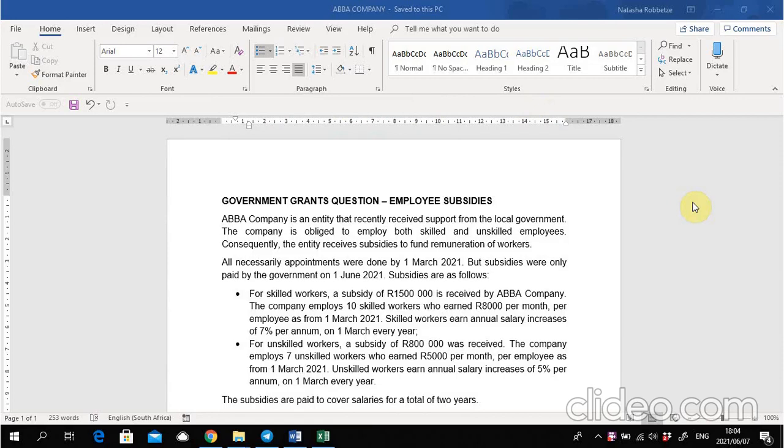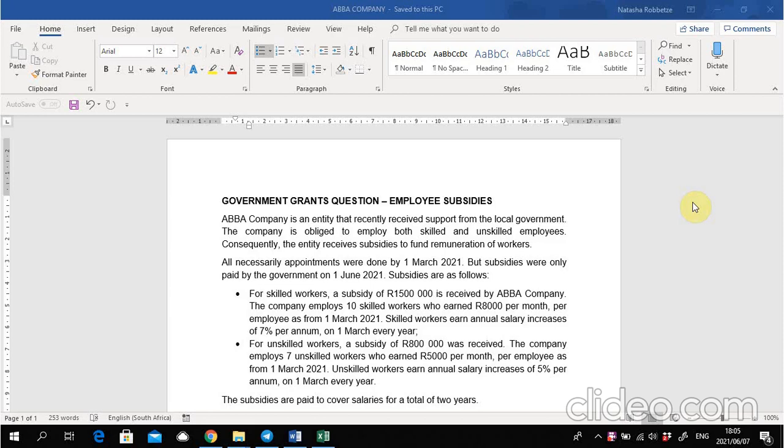And this question is very interesting because it relates to government grants where they provide you with a subsidy to fund employee salaries. However, you would find on the slides we had an example where we assumed that the financial year of the company coincides with the financial year as from the date that the government makes this subsidy payment.